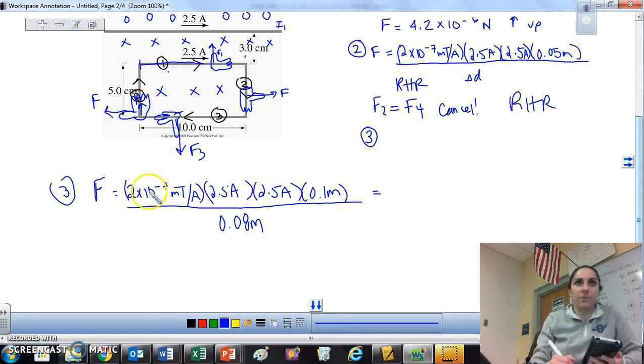Okay, so what we get when we calculate this out is 1.56 times 10 to the negative 6 newtons. We already used the right-hand rule here, so that's down.